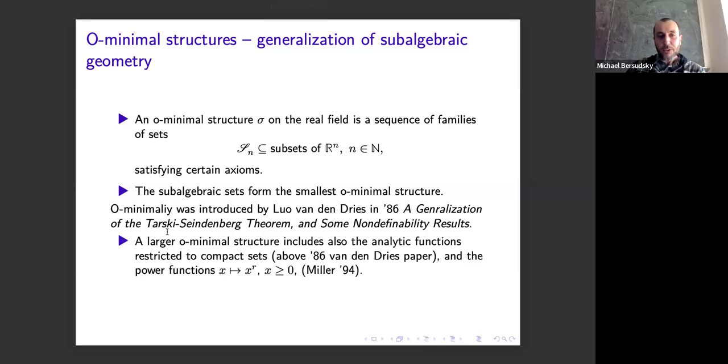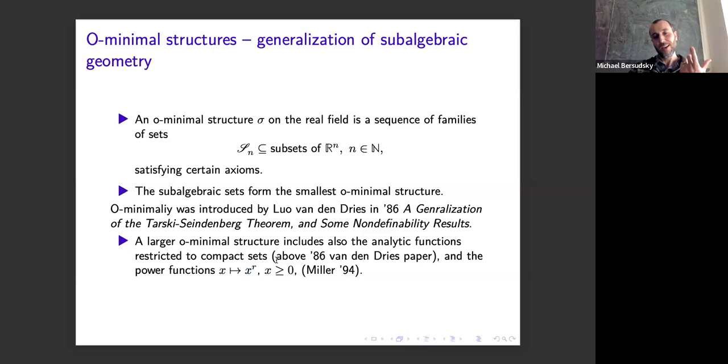And just as a quick example, even before I define O-minimal structures, larger O-minimal structures also contain those semi-algebraic sets, and also include power functions with maybe irrational exponents, and also contain sets that are defined by analytic functions restricted to compact sets.